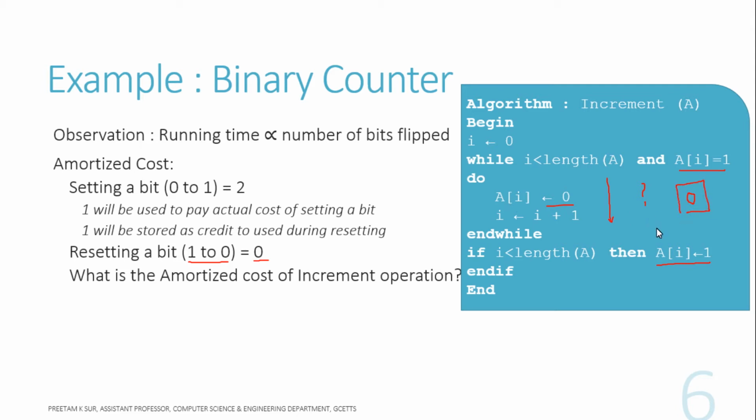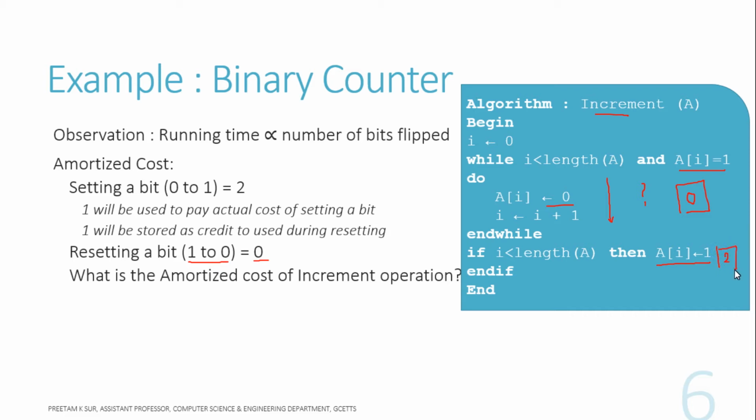And over here it is going to take 2 amortized cost, because in this statement we are setting a bit from 0 to 1. So what is the amortized cost of the increment operation? As per this definition, the amortized cost for the increment operation is only these two, right?